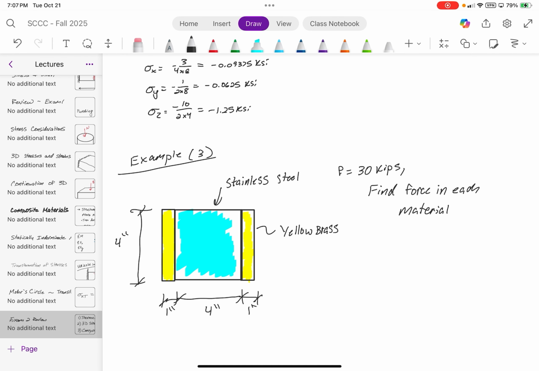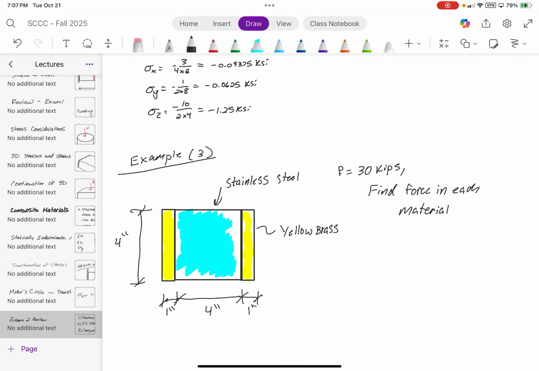Alright, so you're considering only one of these in the equilibrium equation, which means you would need to multiply your force by 2. The area you're missing would be this 8. Otherwise, you could relate the one to the other.